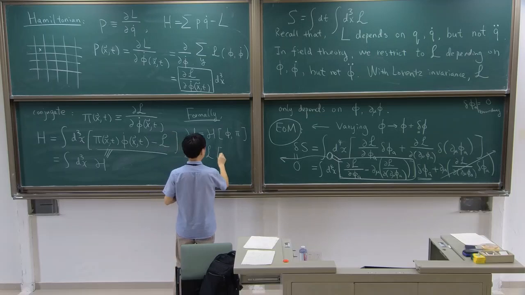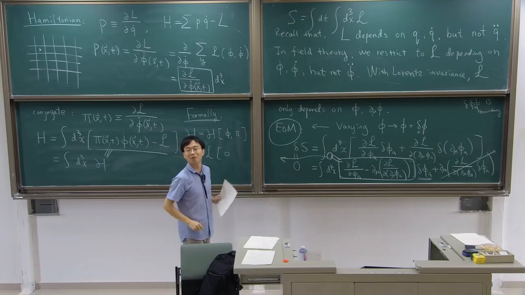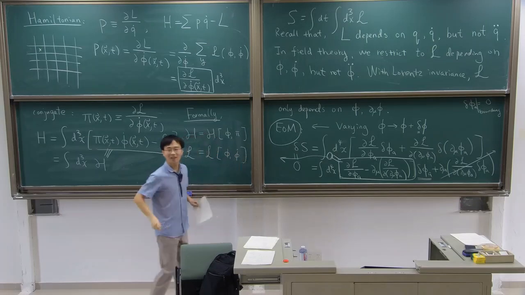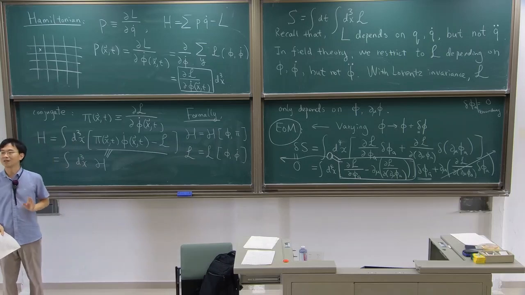Because in this context we introduced from the beginning, we don't have the conjugate momentum pi as an independent variable. We simply treat phi and phi dot as the independent variables. These are the formal differences between the two.